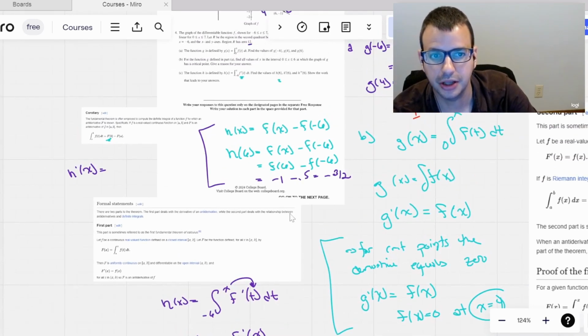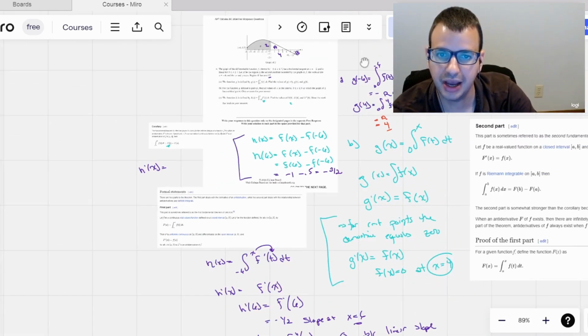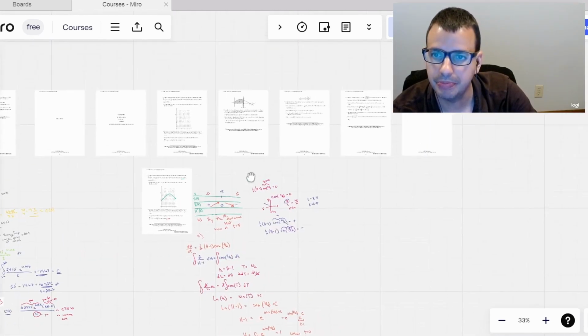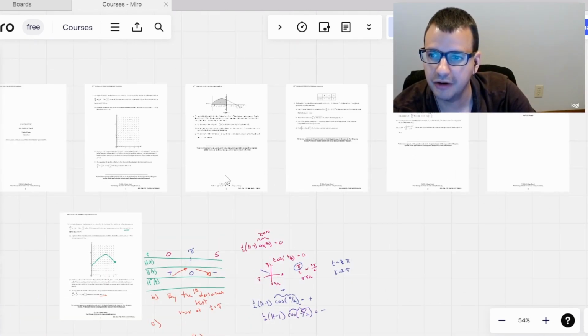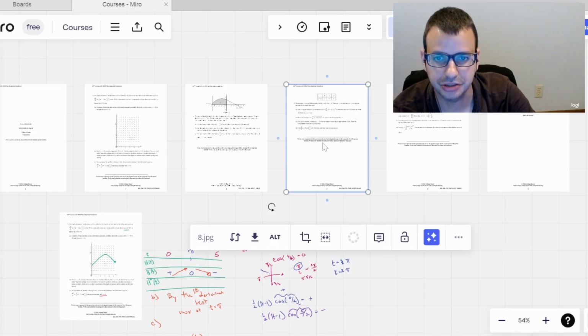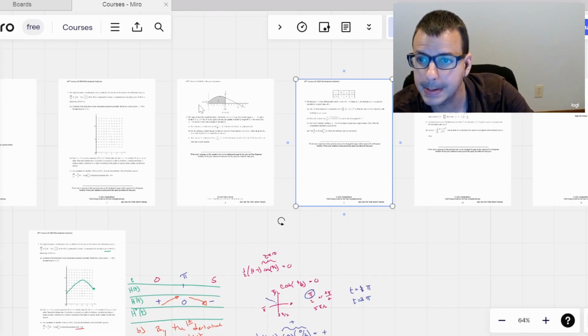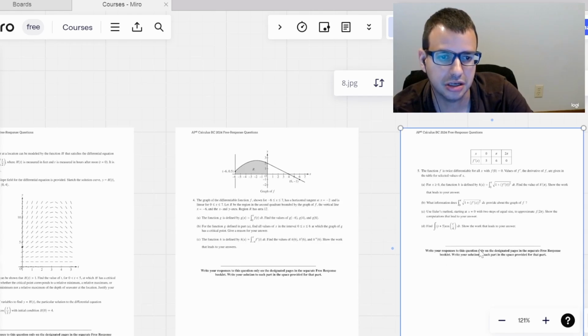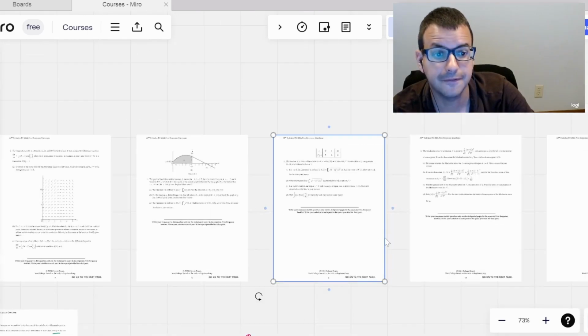So that's how we approach that one. Fundamental theorem of calculus. It's important, but for most of those, I just memorize how to do the answers. All right, so that's how I do question 4. All right, let's take a look at question 5.